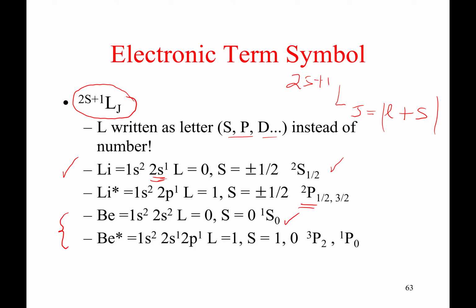Okay. Then you're going to take the spin multiplicity. Spin multiplicity is defined as 2S plus 1. All right? So you take account of where these electrons are. The electron can be in the s orbital, spin up or spin down, right? So let's take all these configurations.